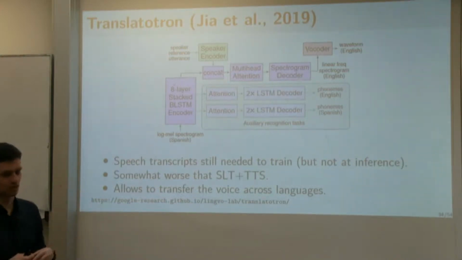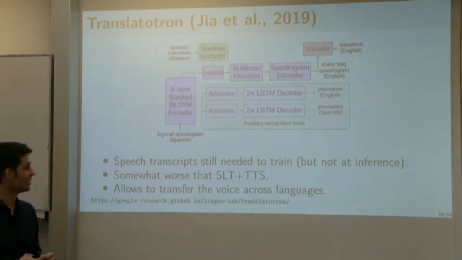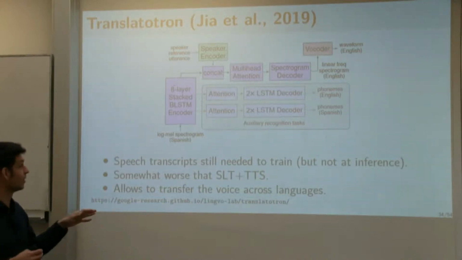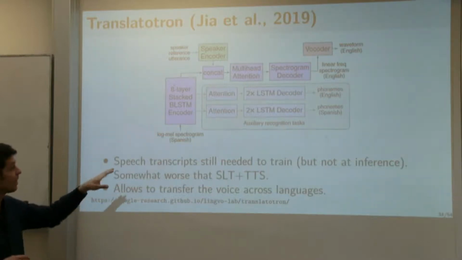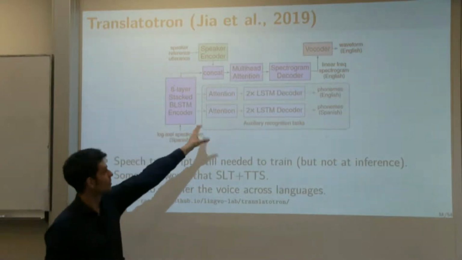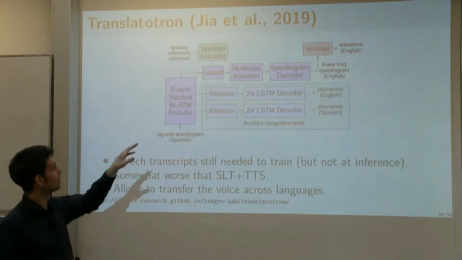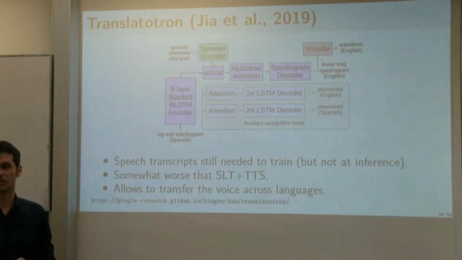And the words do not appear as words in the representation. So the intermediate transcripts in the source and target language are necessary in the training phase. So they use them as auxiliary tasks in multitask training, but they do not use them in the runtime and inference anymore.